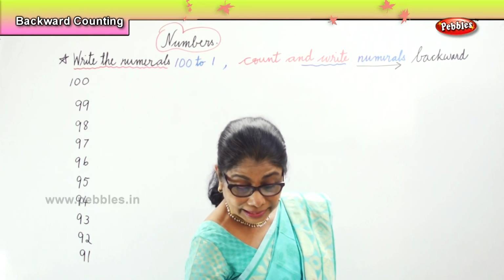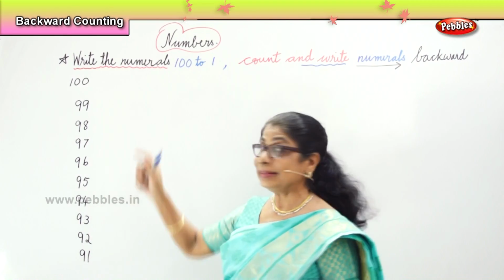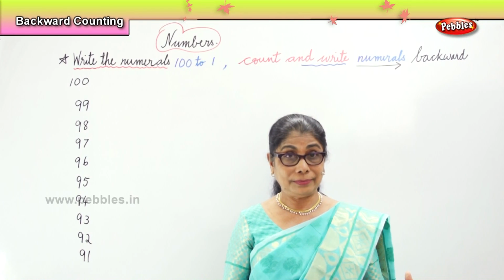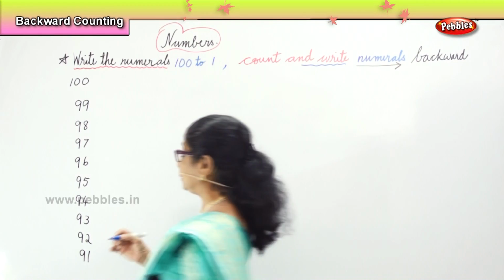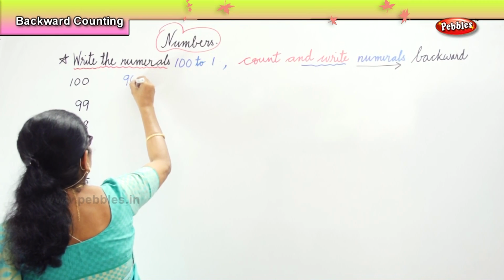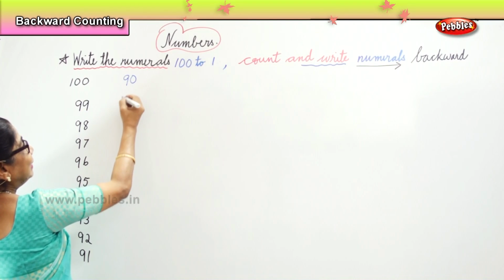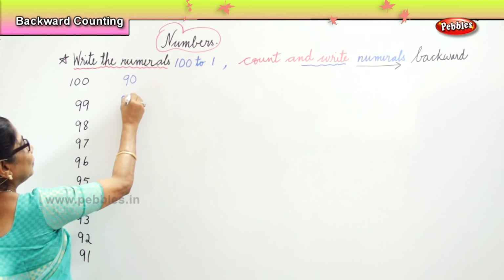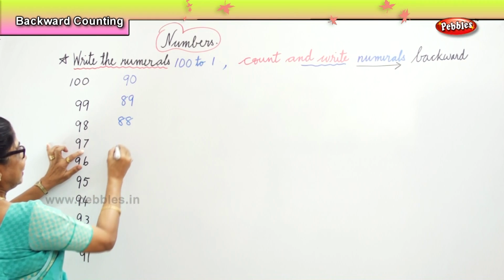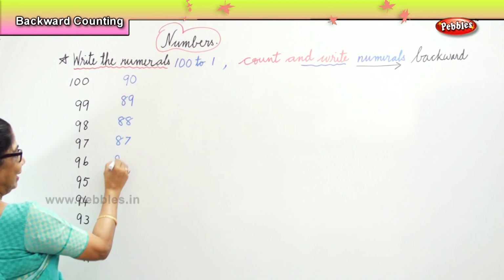We are minusing, taking away. Now let's write 90. Again the same thing. 1 less. We are counting backward. Let's say 90. 1 less. Okay? 1 less, that will be 89. 1 less, 88. 1 less, 87. 1 less, 86.